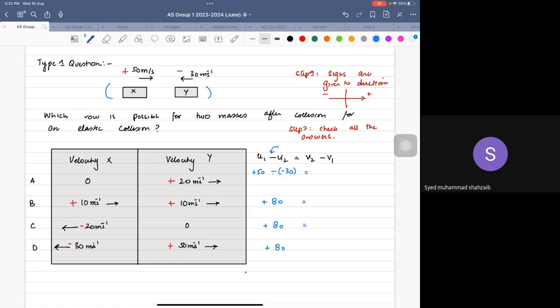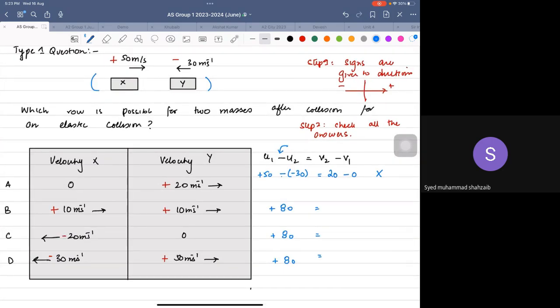Afterwards, in the first one, v2 minus v1 is 20 minus 0. Because 80 is not equal to 20, this is an inelastic collision. You just need to compare left and right.